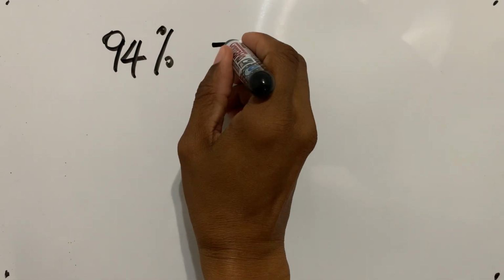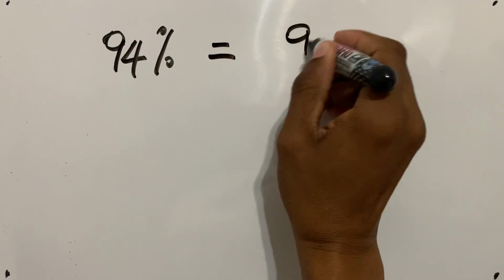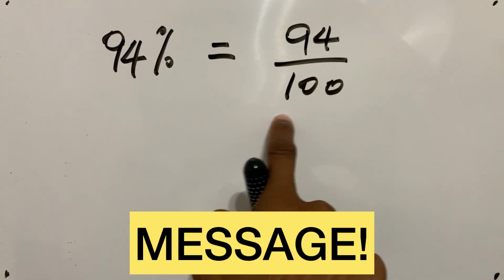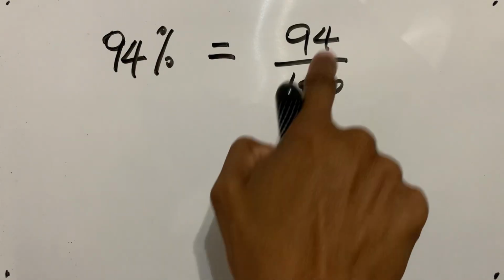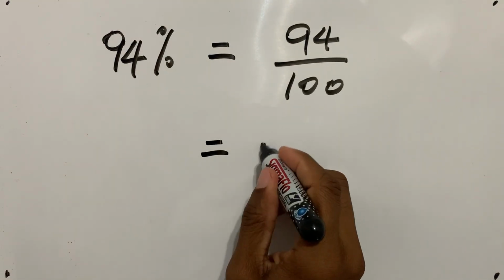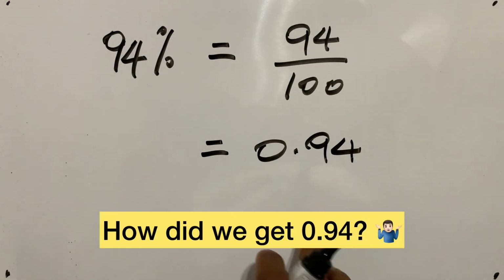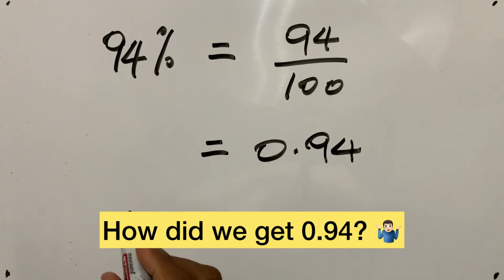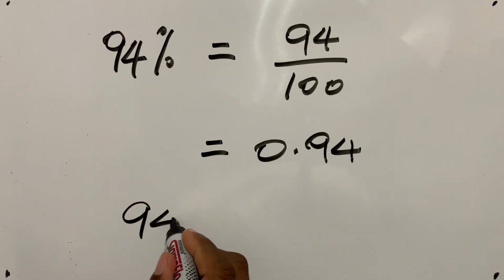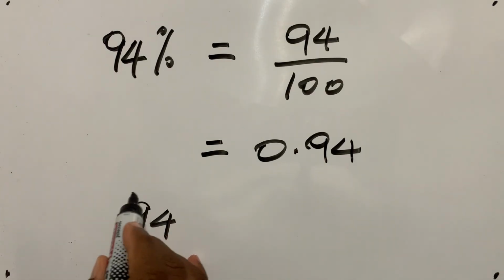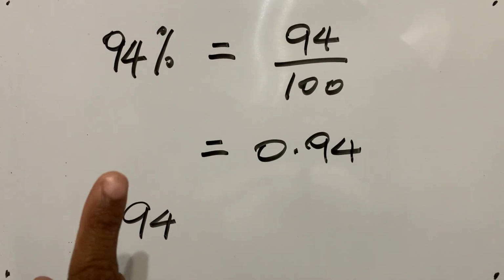94% is the same thing as saying 94 over 100. In decimal form, this is the same thing as saying 0.94. How did we get 0.94? If we have 94 and we divide 94 by 100, we move our decimal place 2 places to the left.